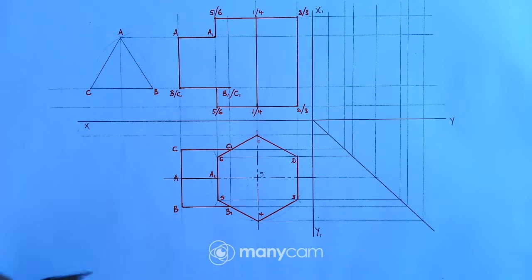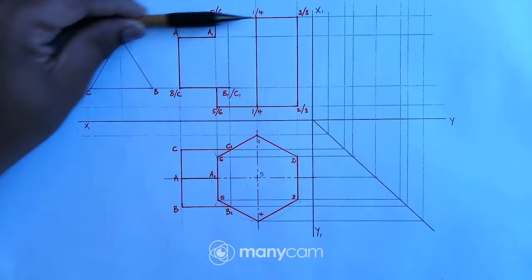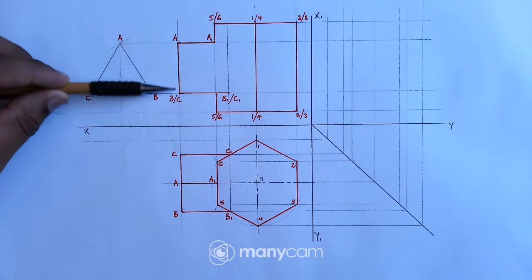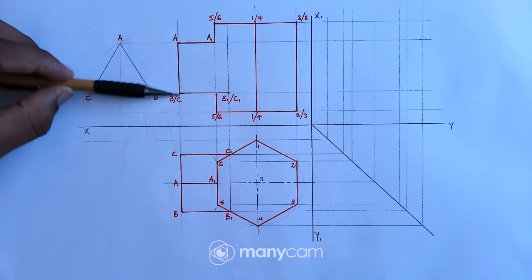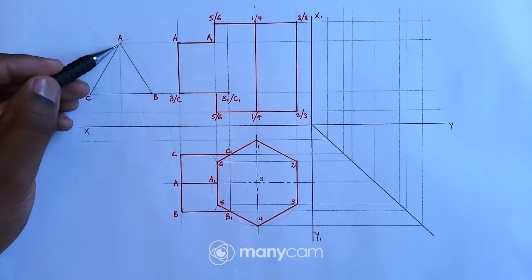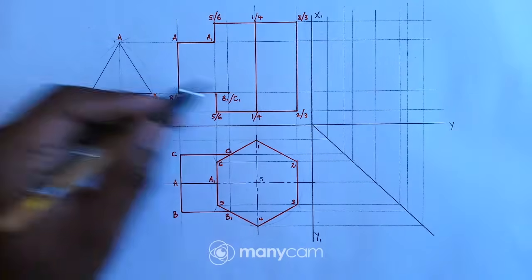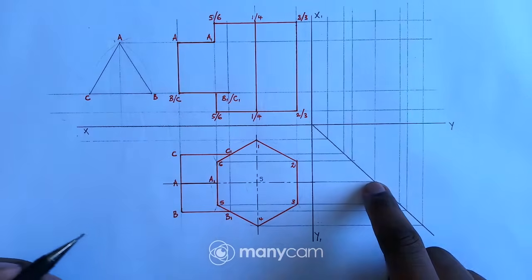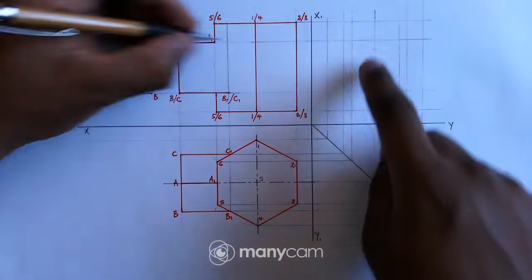Okay, so now obviously we are looking at this front view from this direction, from our left hand side. So I'll see this pipe first, the triangular pipe. So obviously I must have these 3 points right here, right? So I'll start with A. So A is on this line, and then they connect there.